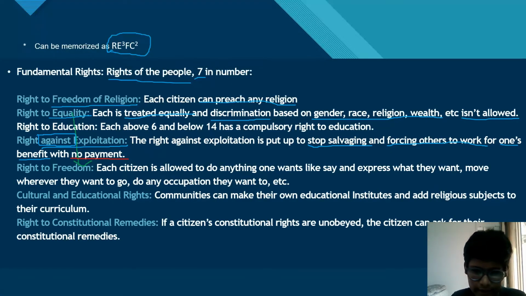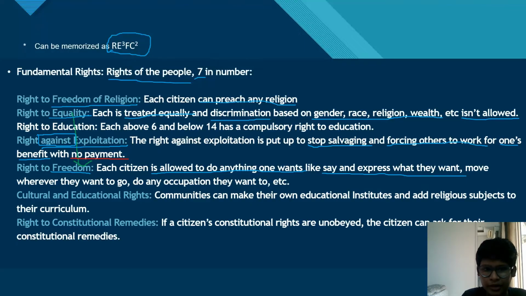So then we get on to the right to freedom, the correlator. In the right to freedom, each citizen is allowed to do anything one wants unless you are doing something bad. Like say and express what they want, unless you are saying bad words.